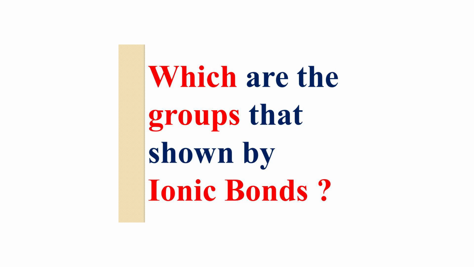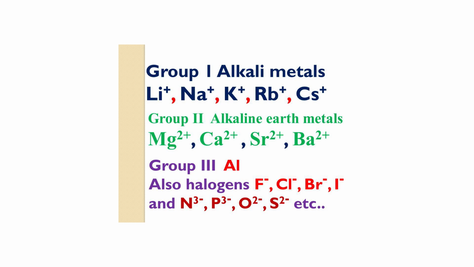Which are the groups that show ionic bond? Students, can you explain? Group 1, alkali metals like lithium, sodium, potassium, rubidium and cesium all get positive charge, losing one electron: Li+, Na+, K+, Rb+, Cs+.